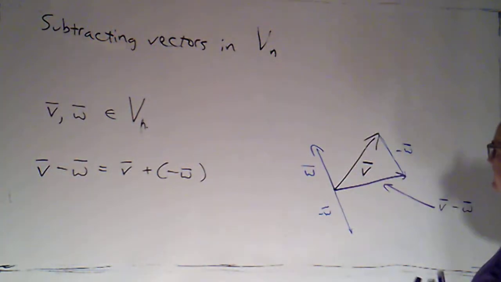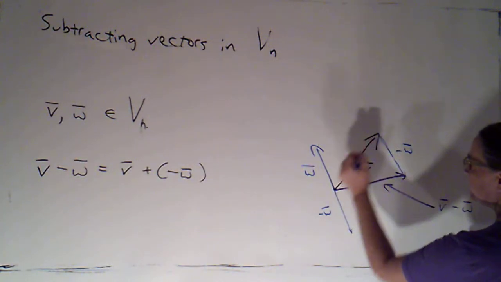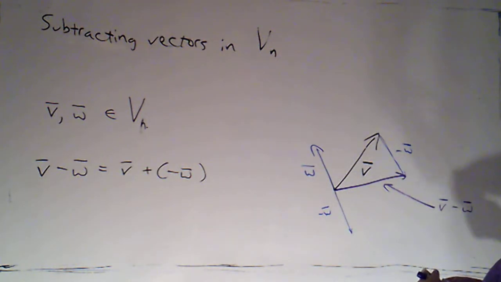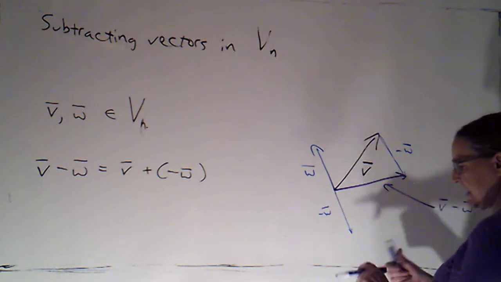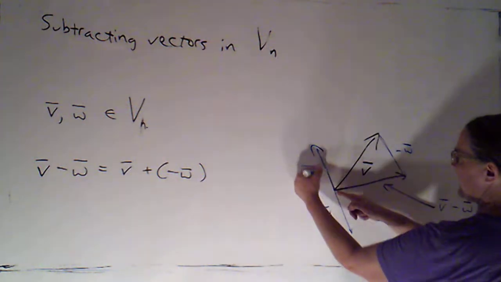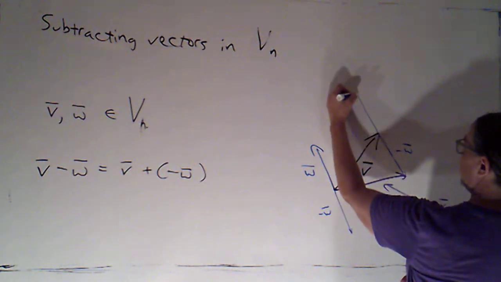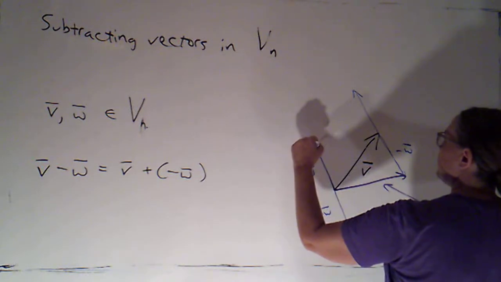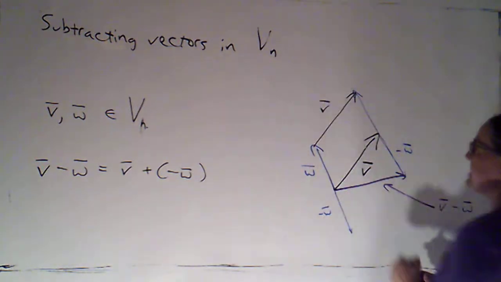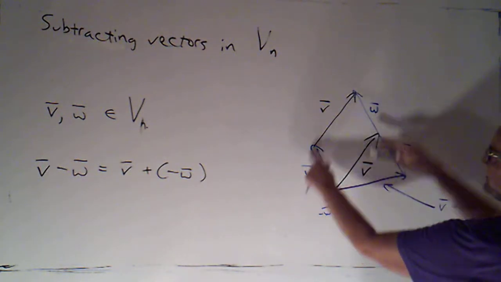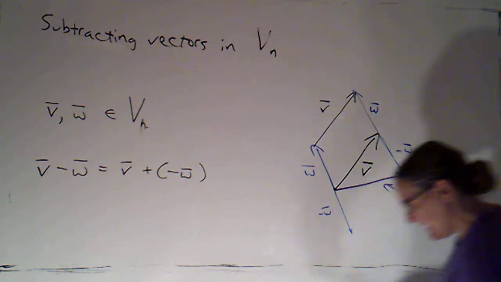Because notice, right here, this was my V, here was my W, okay? If I were to draw in the same parallelogram that we had when we did our vector addition, where we translated W instead of -W with its tail at the tip of V, and then we had, of course, a translated version of V here, okay? So these two sides are W's, these two sides are V's.